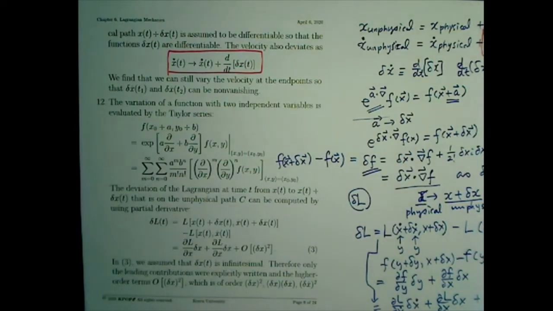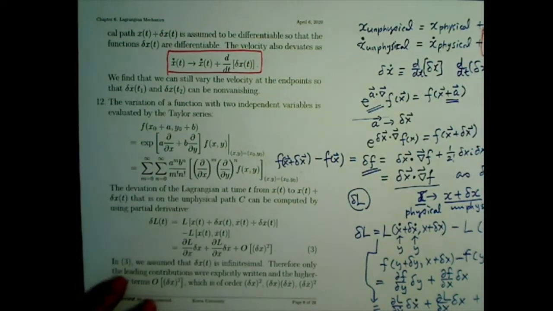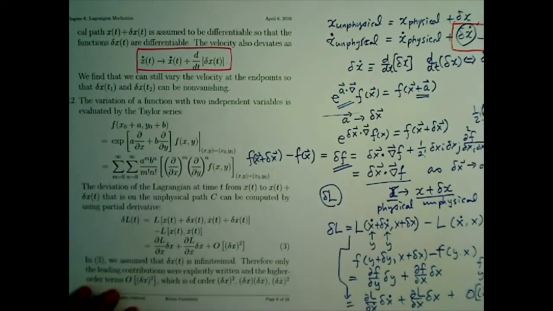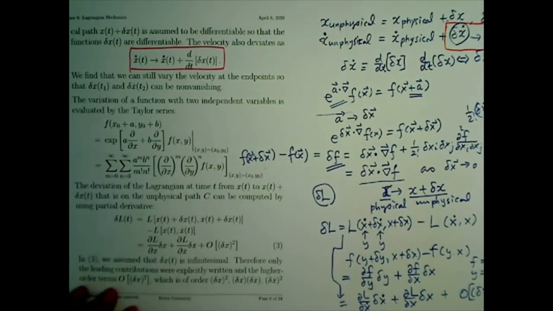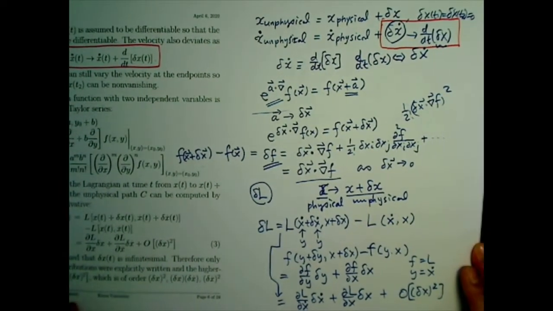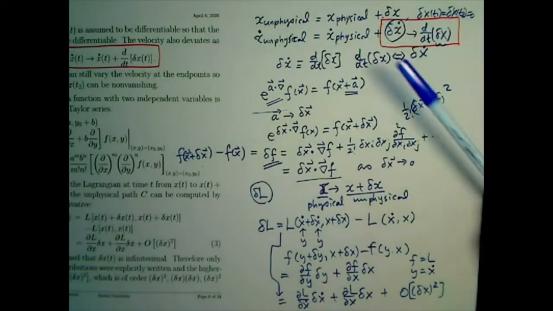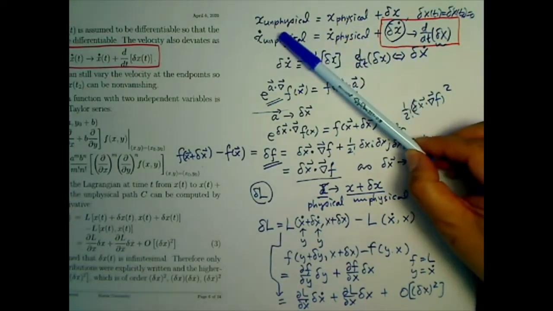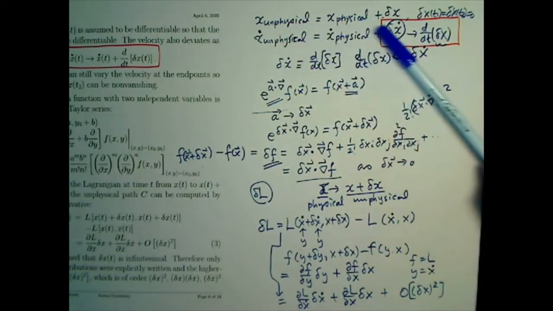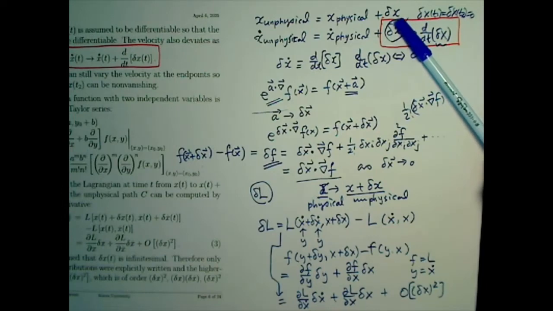The variation will be made on the Lagrangian, and eventually the variation will be made on the action, and we find that this is a physical path and this is an unphysical path, and the difference is the variation.